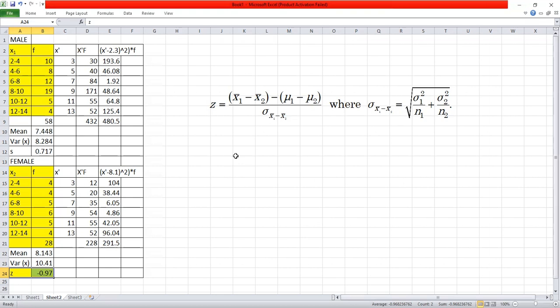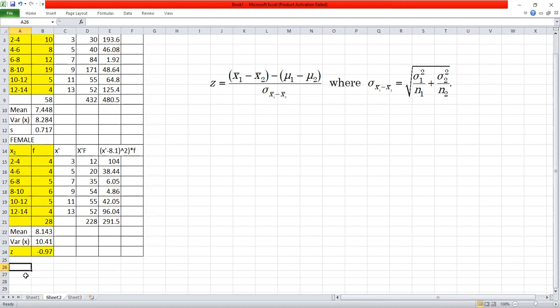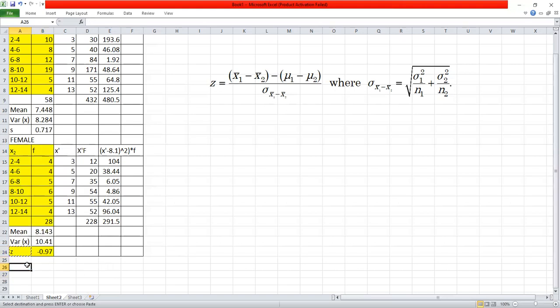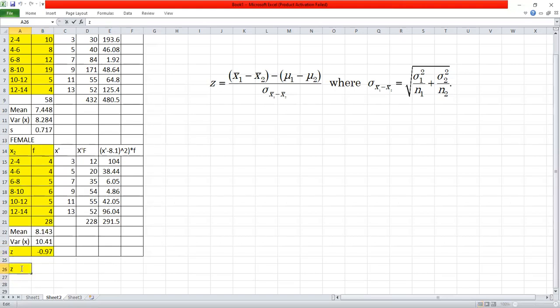So if that's the case, and you are testing at 5% level of significance, then you go to the Z table. I'm going to write this here because this is important, because it's not the way you're going to read it. You go to the Z table and read Z. It is 5%, so you divide 5% by 2, then 0.025.